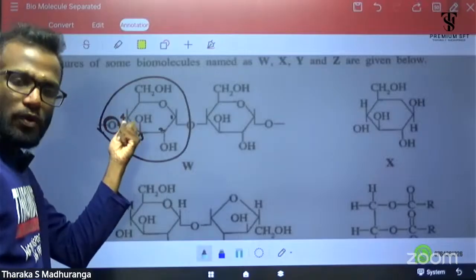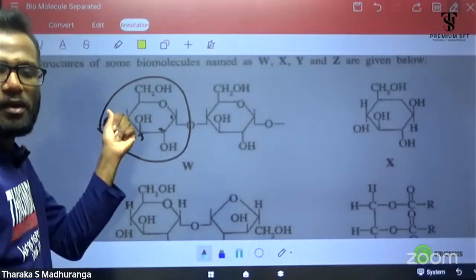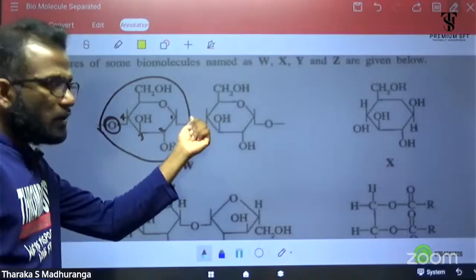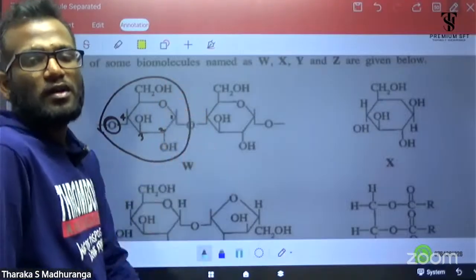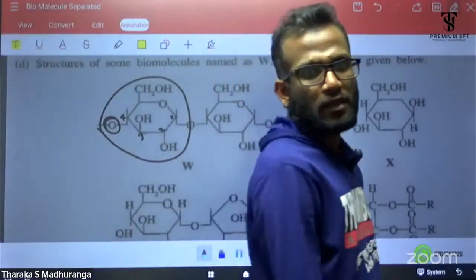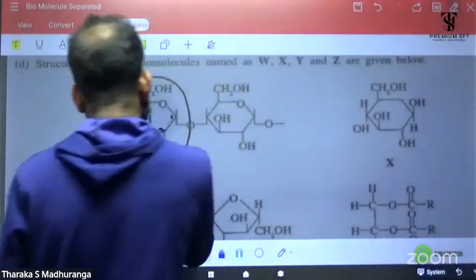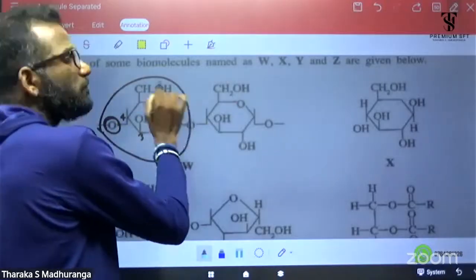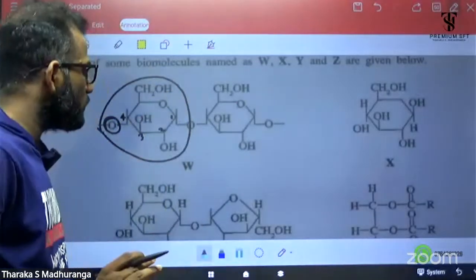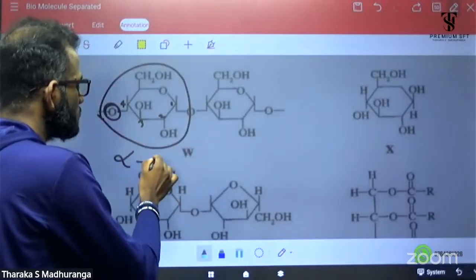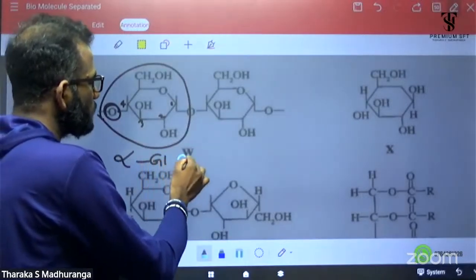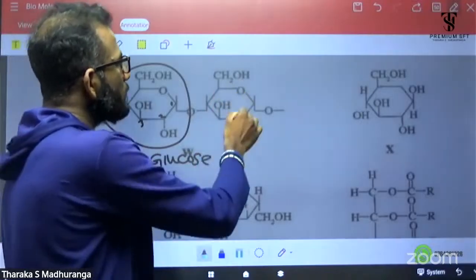Fourth carbon OH downward, glucose; OH upward, galactose. First carbon OH downward, alpha; OH upward, beta. Now it is glucose, right? Alpha glucose.